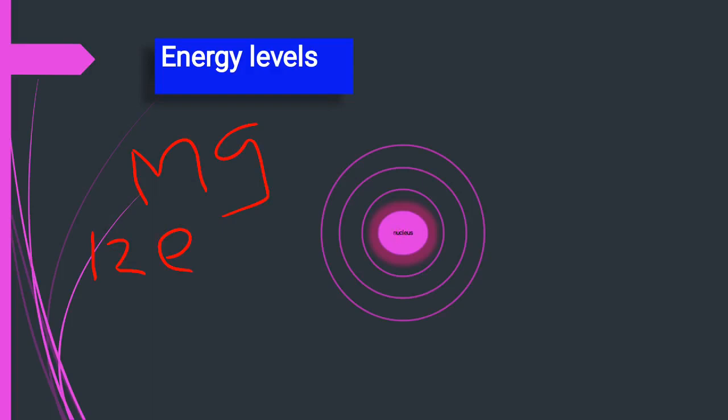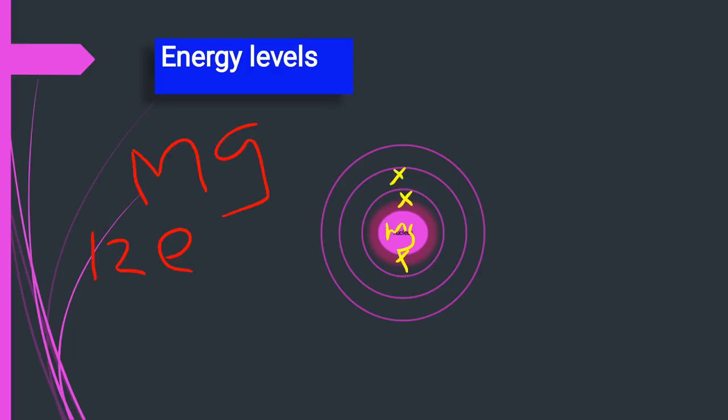We will call this one magnesium, Mg, and then we have the first electron and the second electron, which are within the first energy level. Remember, the first energy level can only accommodate a maximum of 2 electrons. So the third electron will go to the second energy level.